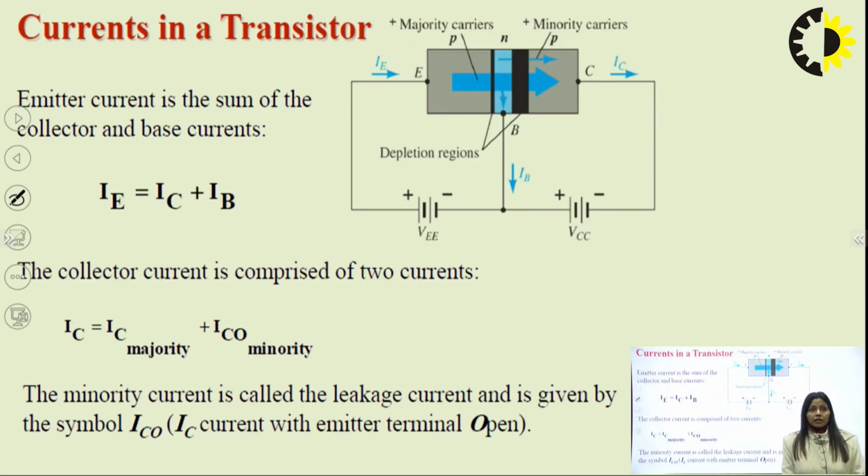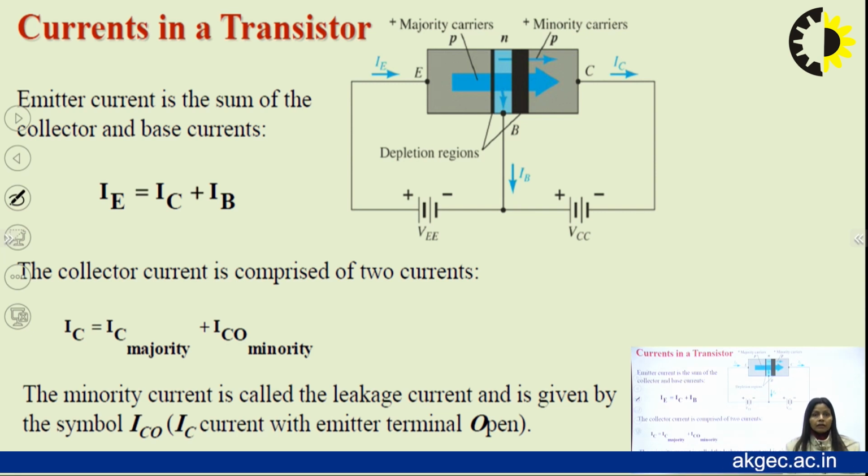Now coming to the currents in the transistor. This is very important: how to represent all these currents in mathematical formulation. The emitter current has been assumed as IE, the collector current as IC, and the base current as IB.